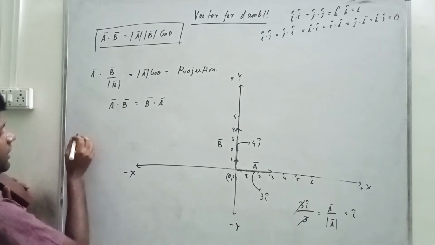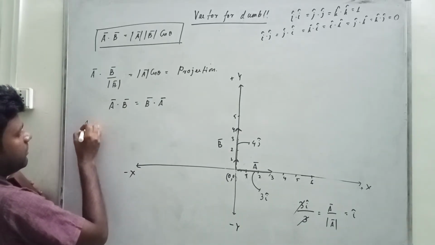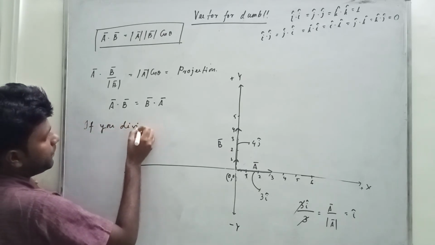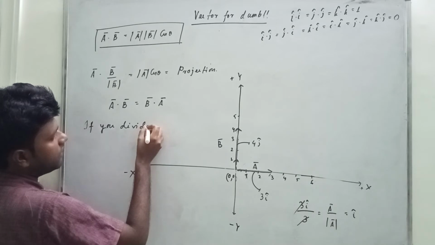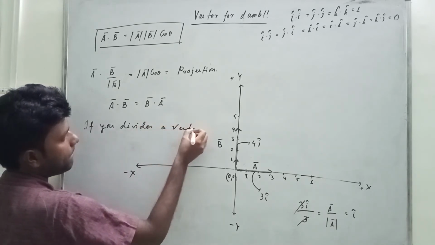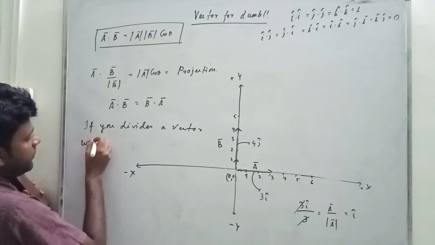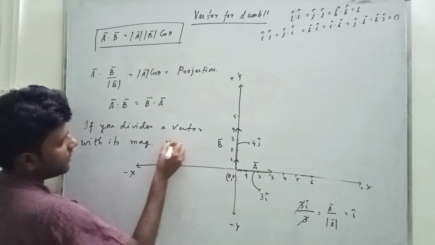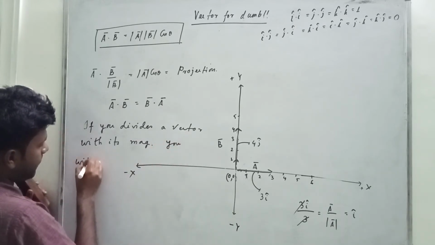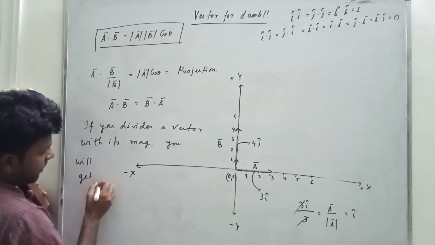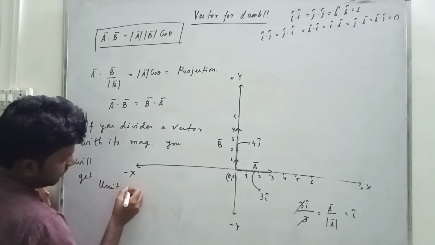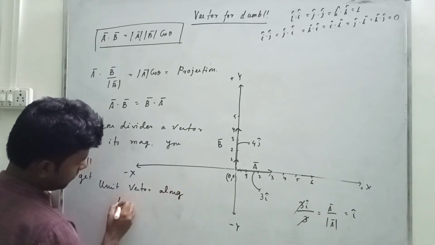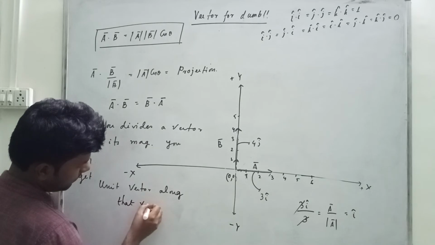So let me write the findings. If you divide a vector with its magnitude, you will get the unit vector along that vector, right?